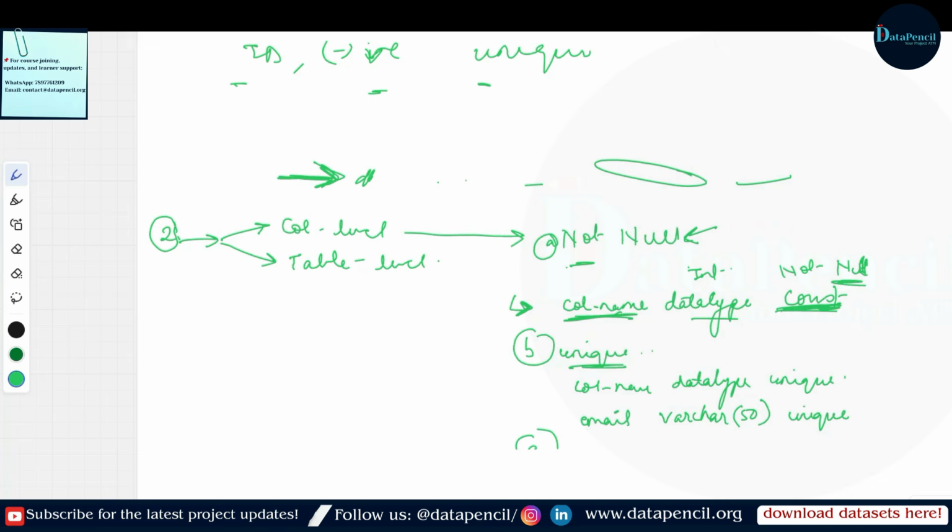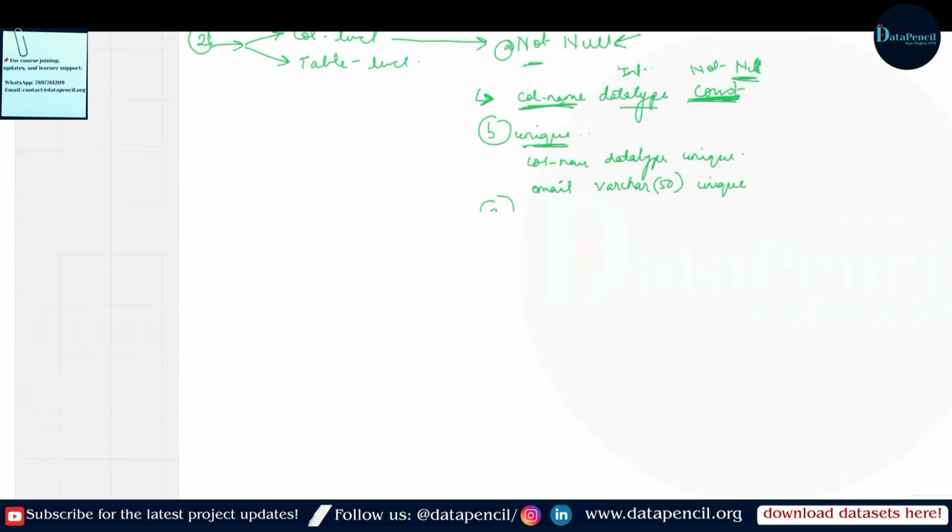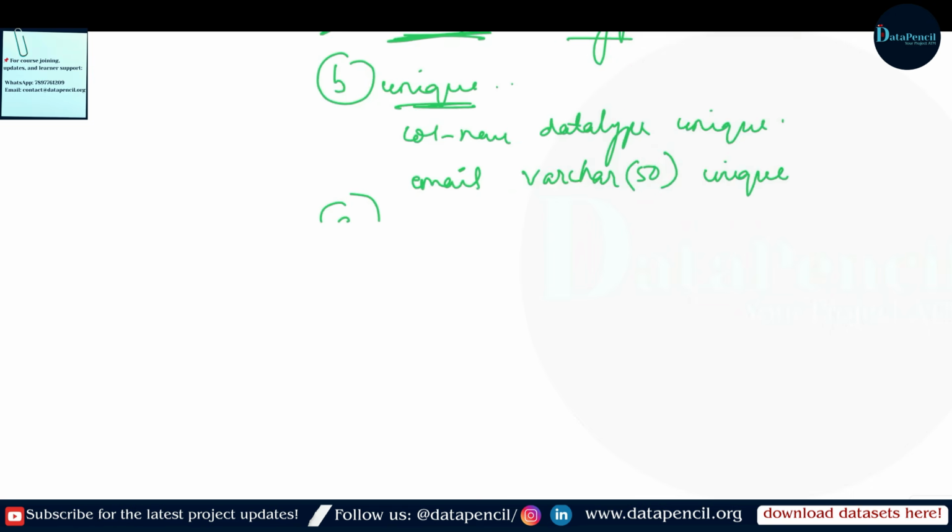Now let's discuss one more constraint, which is default. Default, if we want any auto value. If the user doesn't give any value and he or she wants SQL to fill it automatically, how can we write it?